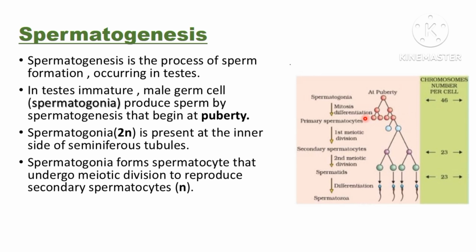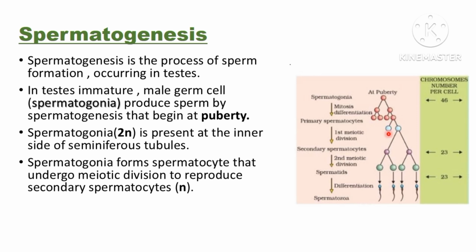Primary spermatocytes undergo first meiotic division, meaning reductional division, and form secondary spermatocytes. Each primary spermatocyte forms two haploid secondary spermatocytes.